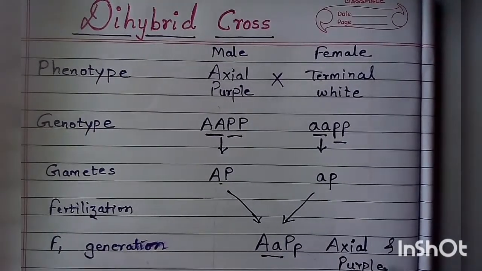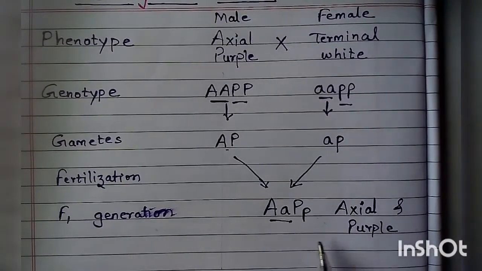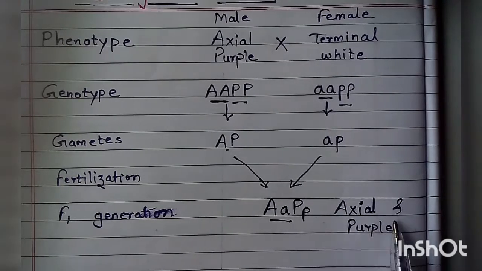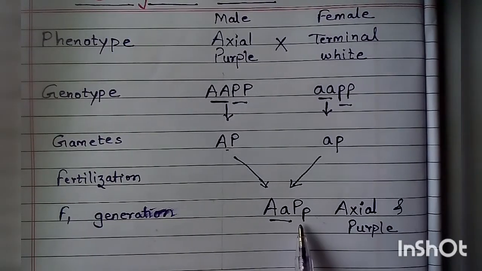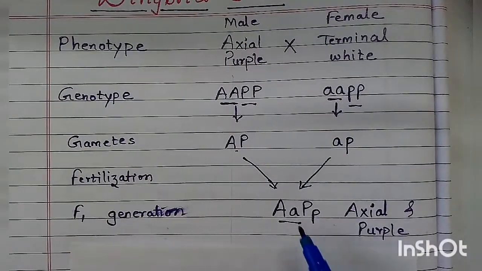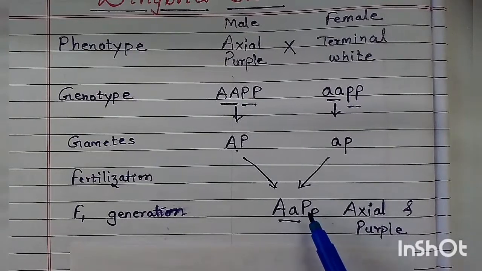So this is the phenotype for the F1 generation. All the plants in the F1 generation will be axial and purple according to the law of dominance, and this will be their genotype.